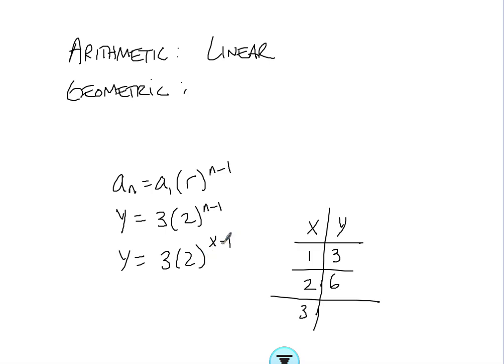Now I'll have 2 squared, which is 4, times 3 is 12. Let's put a 4 in. You can see the pattern. We're multiplying by 2 each time, so I know this will be a 24. And when we put a 5 in, I'll get a 48. So it's increasing pretty quickly. If you graph this, you'll notice that it is exponential.